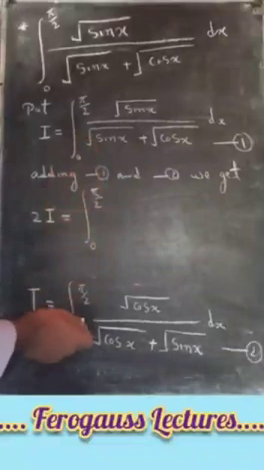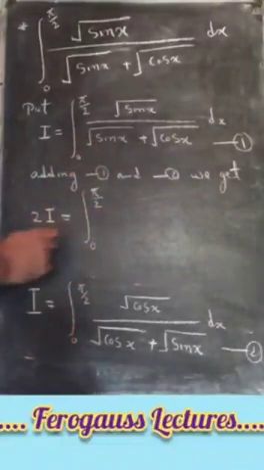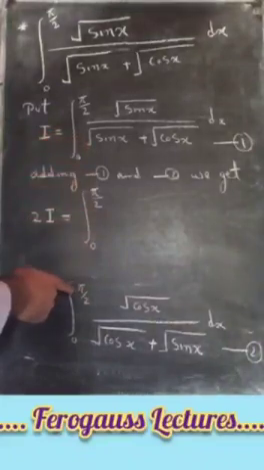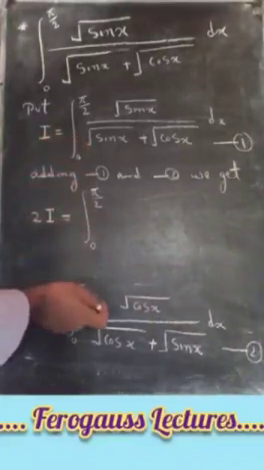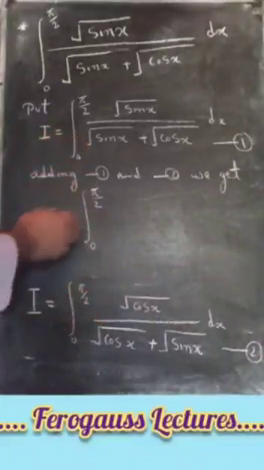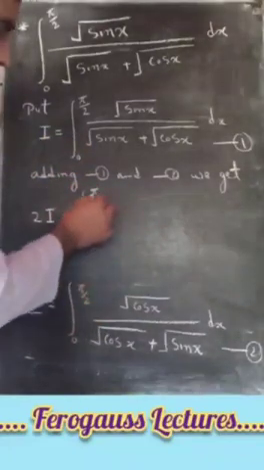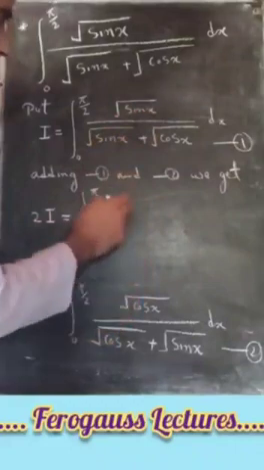Since limits are same, so we can use the property that sum of integrals of functions is equal to integral of sum of functions. So we get 0 to pi by 2, this plus this.